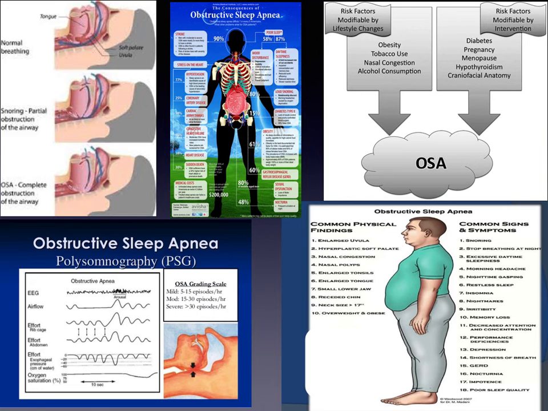Contributing to anatomic causes of this disorder is a well-defined neural component. A lot of studies have shown that natural responses to negative pharyngeal pressure are already diminished during sleep. Sleep disruption itself can lead to a further reduction in upper airway muscle activation, causing exacerbation of the aforementioned symptoms.